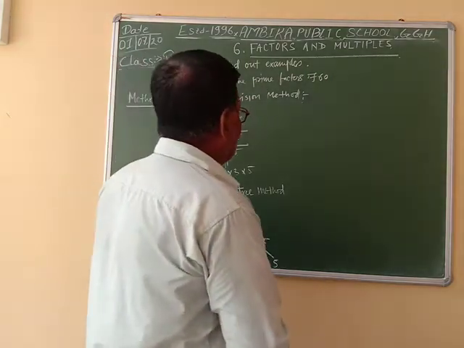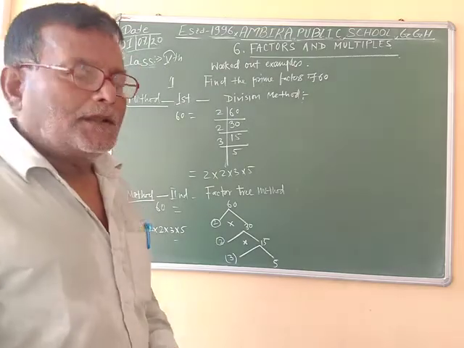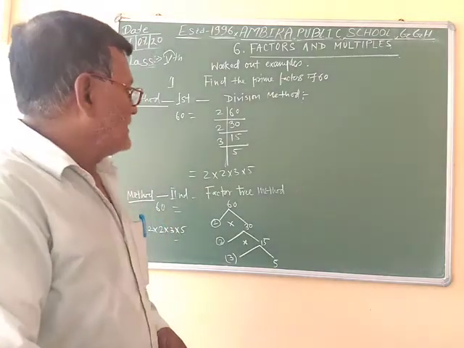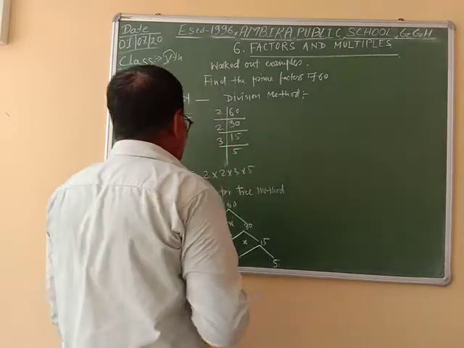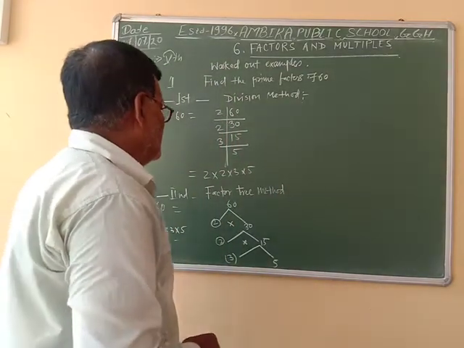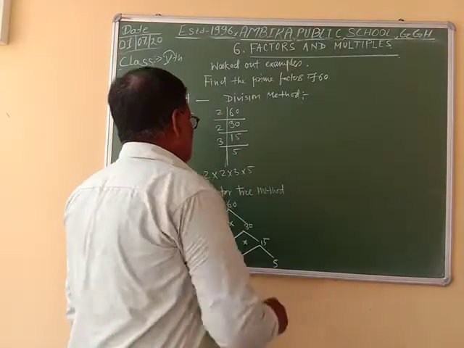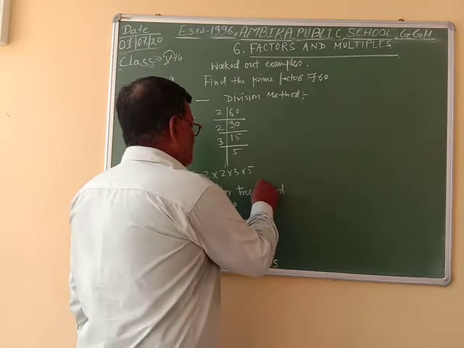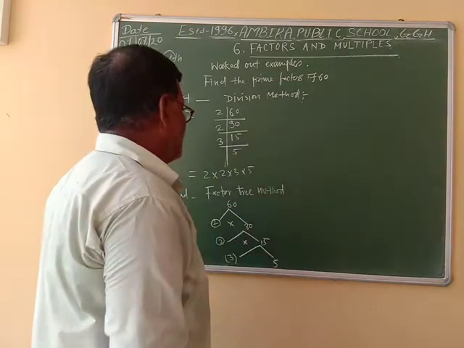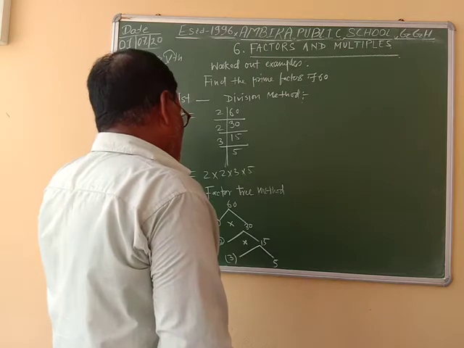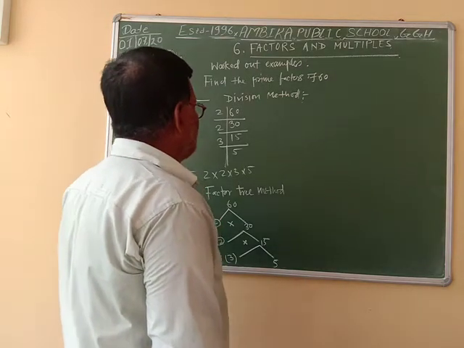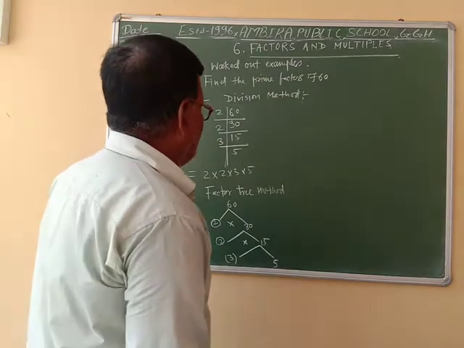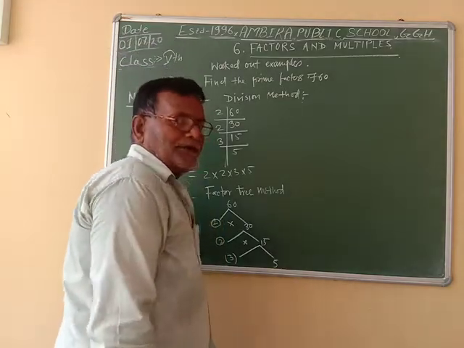If you are asked which number is divisible by 2, then a number is divisible by 2 if its ones digit is 0, 2, 4, 6, 8.